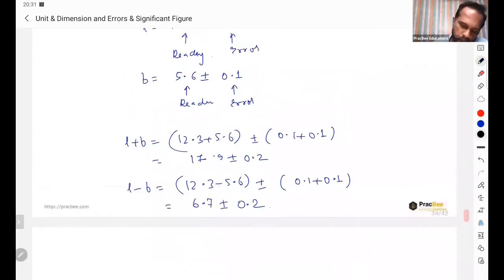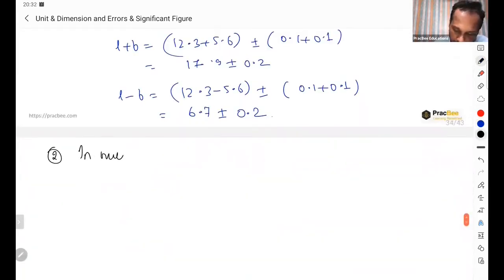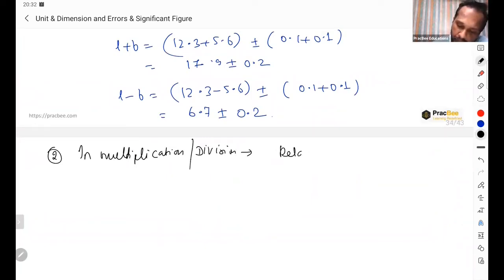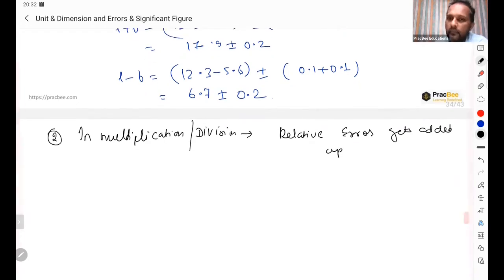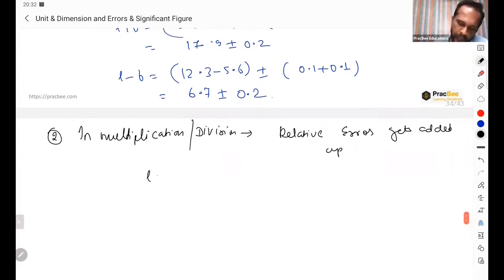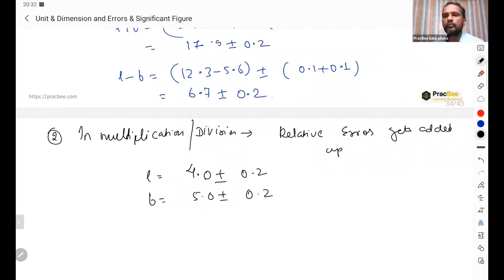Now, in multiplication and division, relative error gets added up. Suppose we have L is equal to 4.0 plus minus 0.2 and B is equal to 5.0 plus minus 0.2.